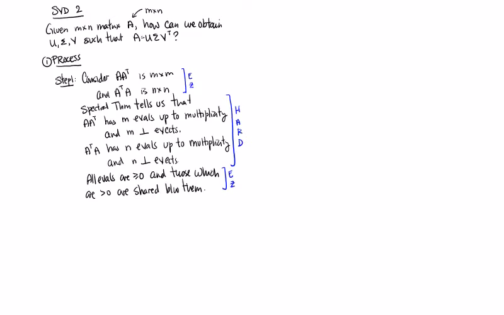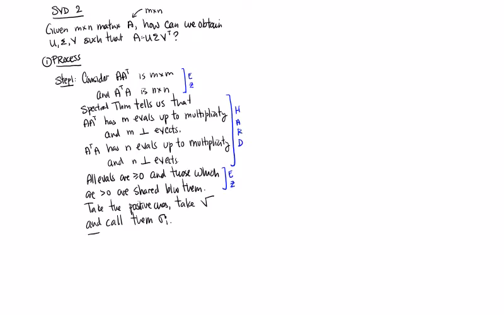So what we're going to do is take the ones that are shared. Because they're positive, we take the positive ones, take the square roots, and call them sigma i.